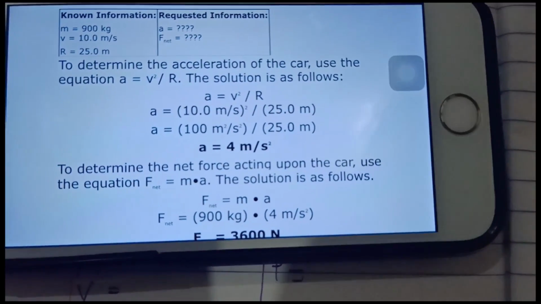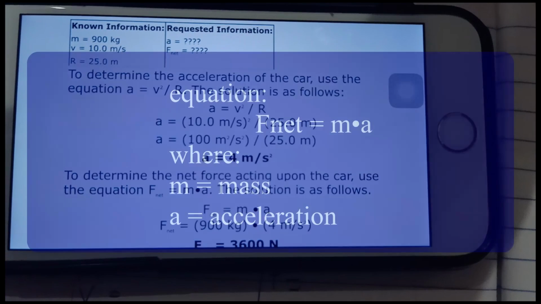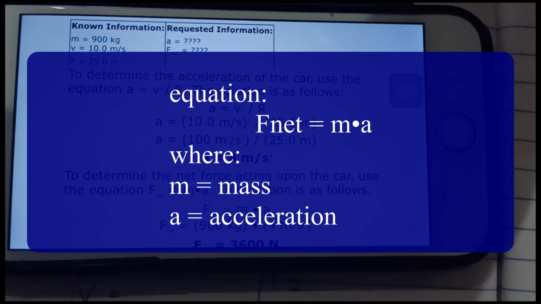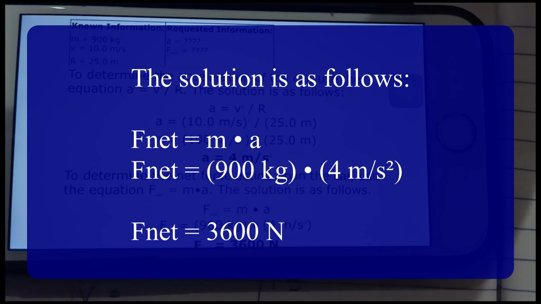That's our acceleration, 4 meters per second squared. To determine the net force acting upon the car, use the equation F net equals m times a. So the solution is as follows. F equals m times a. Substitute the values.